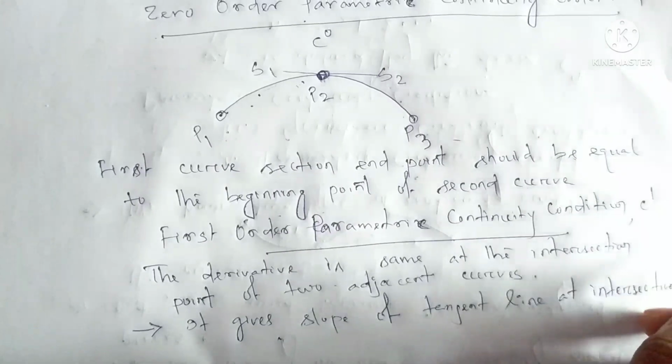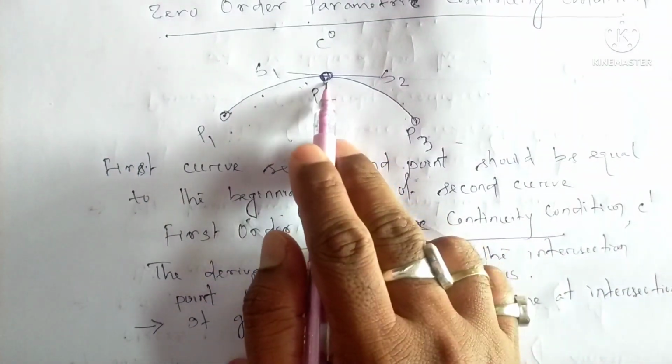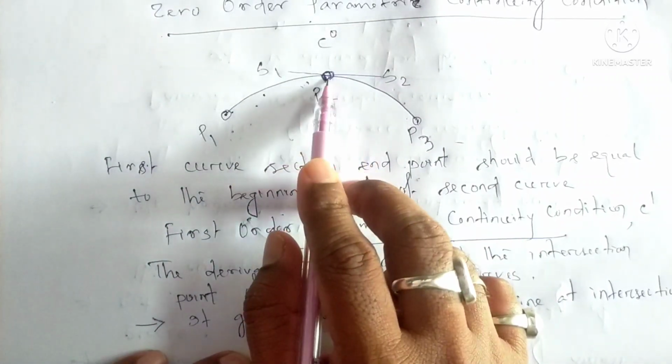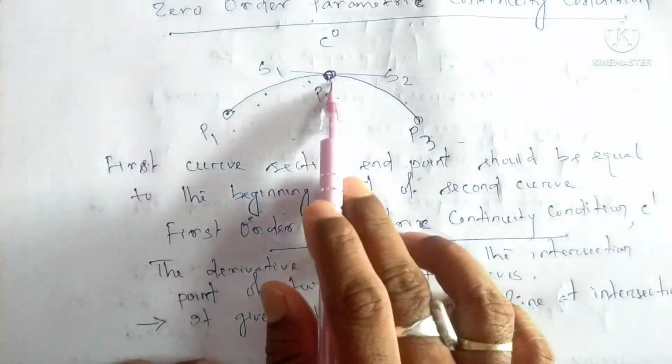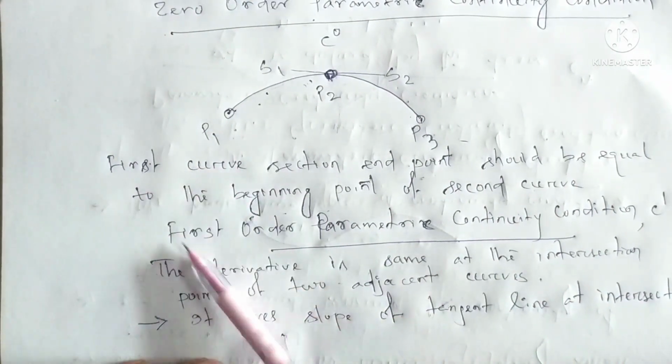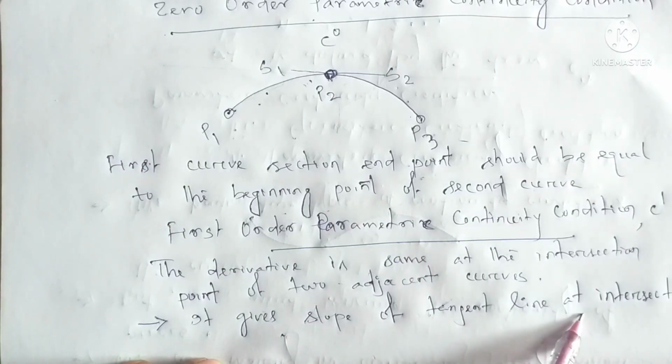So two curve segments are intersected at your P2. So this is the intersection point. If you take the first order derivative at P2, it will give you the slope of the tangent line at the intersection point.